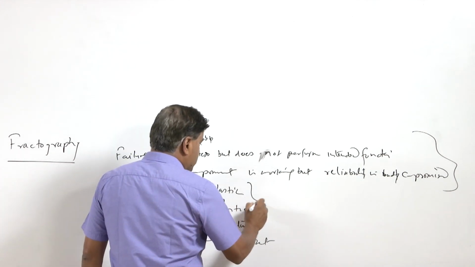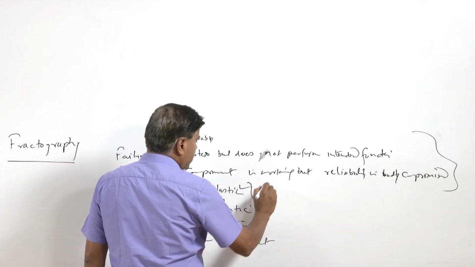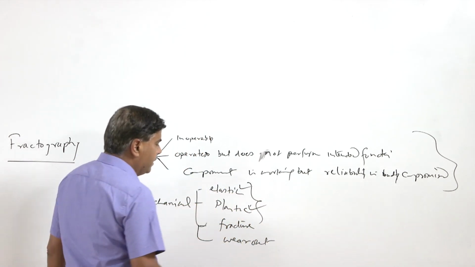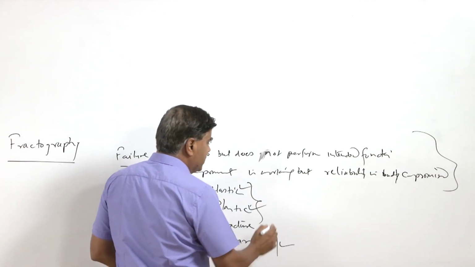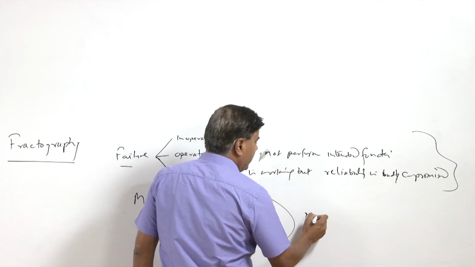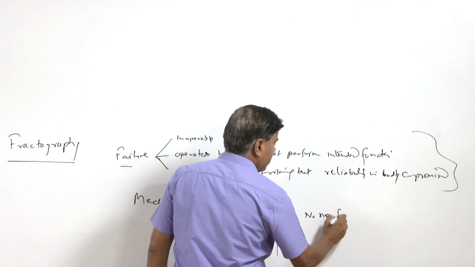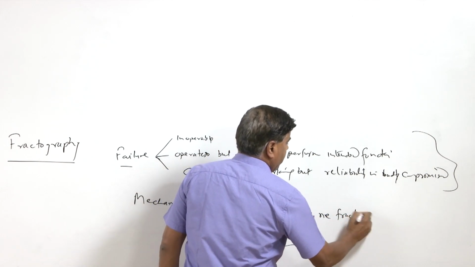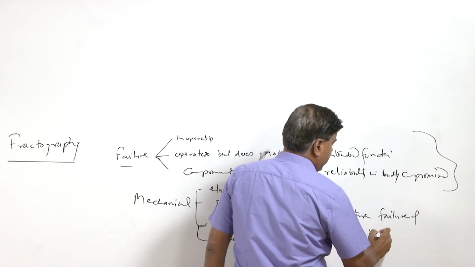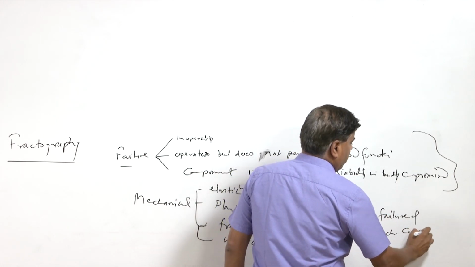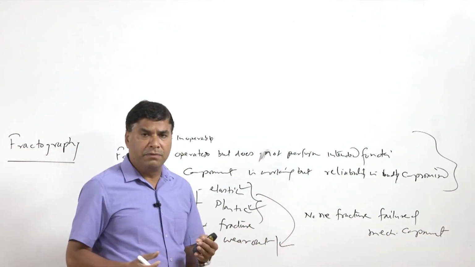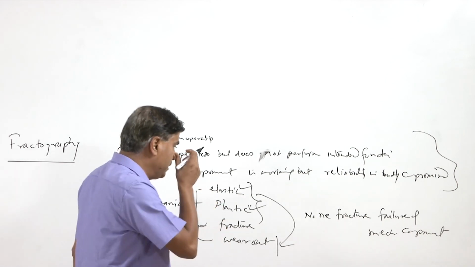So, elastic deformation beyond the limit, plastic deformation beyond the limit, and wearing out of the component, these three we can call non-fracture failures of a mechanical component, where the deformation or wear is beyond the acceptable limits.